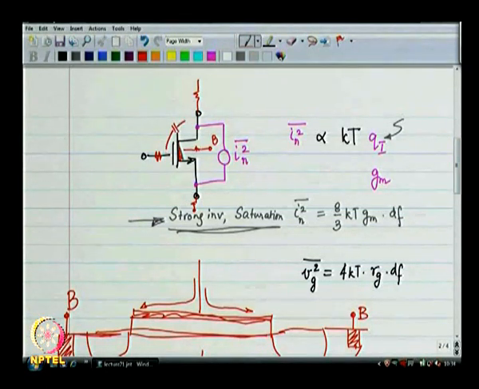So, there is a CGD, do not forget about it. There is a CGS, do not forget about it. There is capacitance between body and source, there is capacitance between body and drain. Okay. So, please make sure that all of these capacitors are there, place all of these noisy resistances, and work your way.